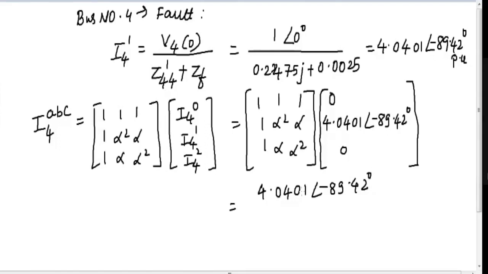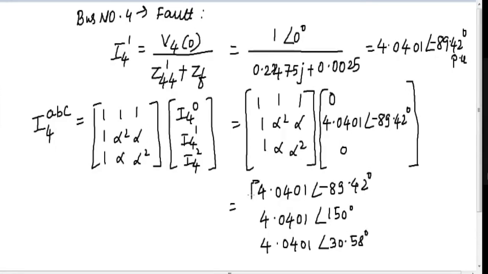When we calculate the complete thing, we will get the result as 4.0401 at an angle 150 degree. Has anyone calculated it? Yes. And the last one we will get 4.0401 at an angle 30.58 degree.